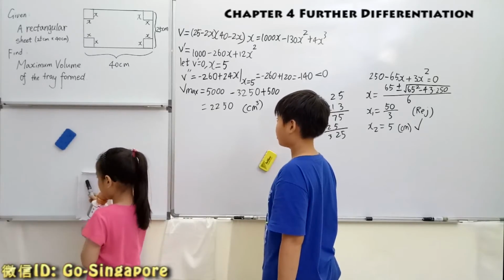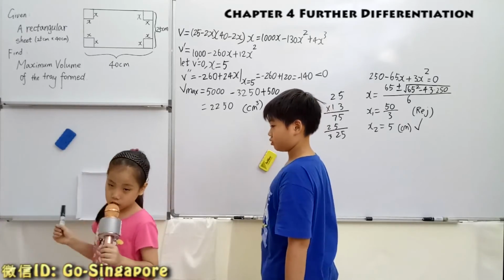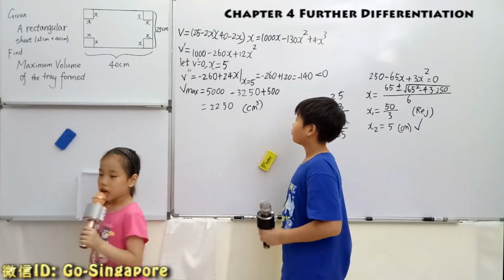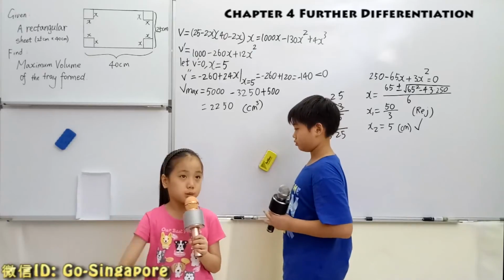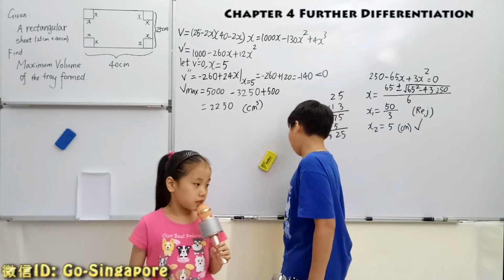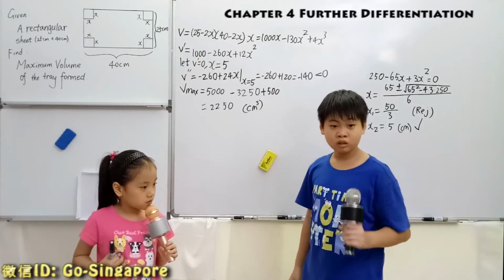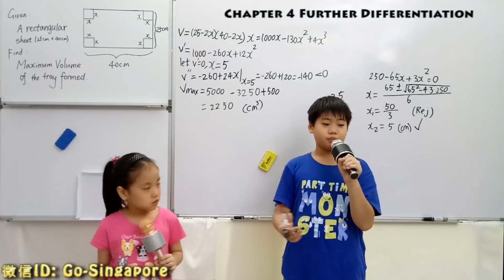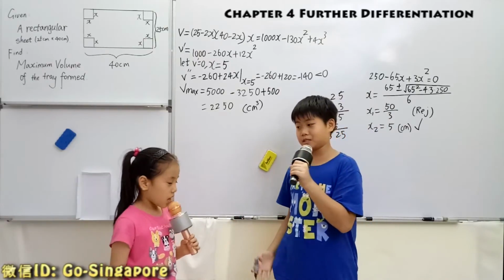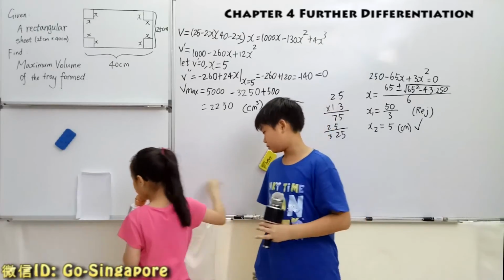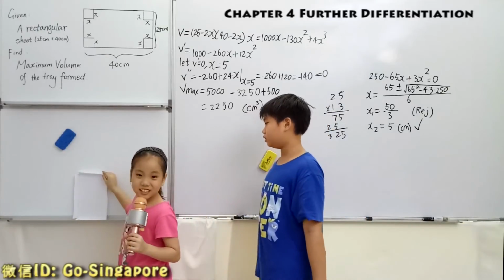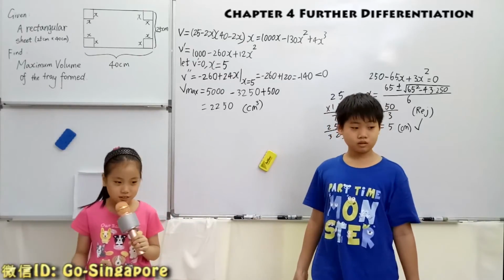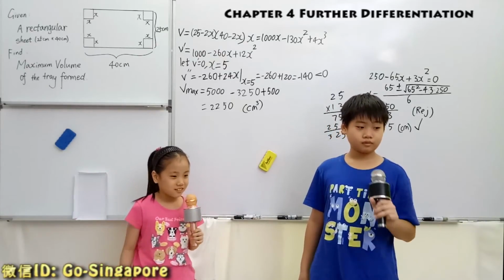So 40 will be 30, and up here will be 50. And remember, if the area is bigger, the volume is smaller. Like for example, if your base is very big, what happens? If like this you put some cookies, will the cookies slide off?